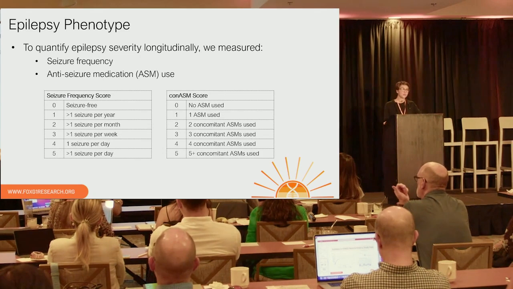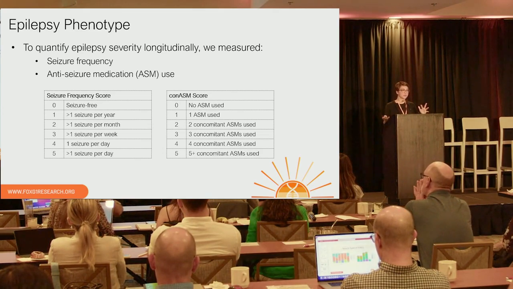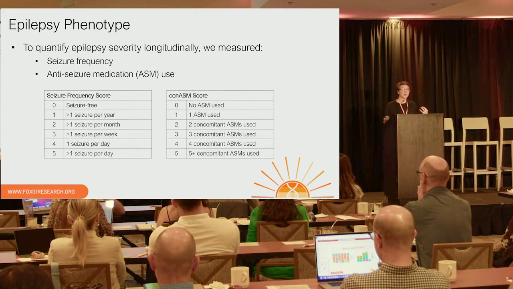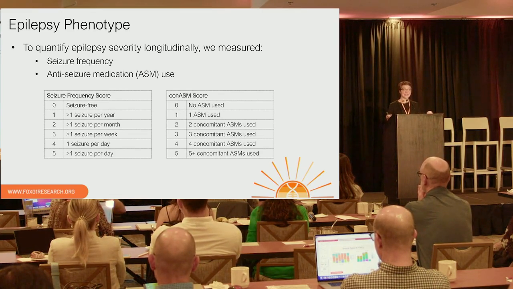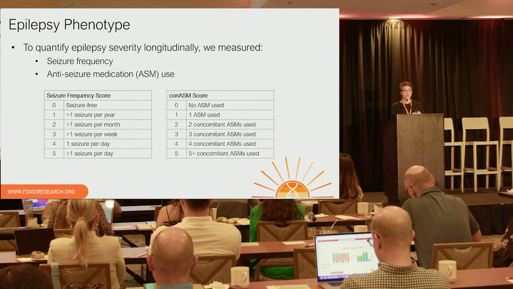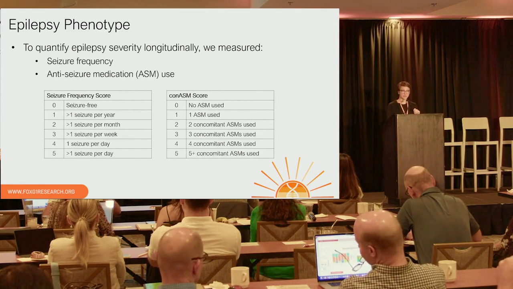So we wanted, again, to focus on measurement, and so we were looking for ways to not only say, do you have epilepsy or do you not have epilepsy, but are there ways that we can measure the relative severity? Are there things that we could potentially count over time? And so we chose to look at two different things. One was the number of seizures that were reported, and then the other was the number of concurrent medications that a patient was using to treat seizures.